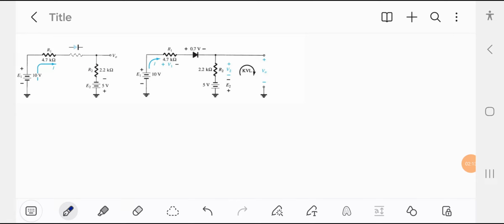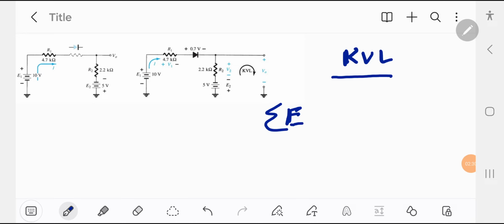Now let's apply Kirchhoff voltage law. According to Kirchhoff voltage law, the sum of all the voltage inside a closed loop is equal to the sum of all the voltage drop inside a closed loop.